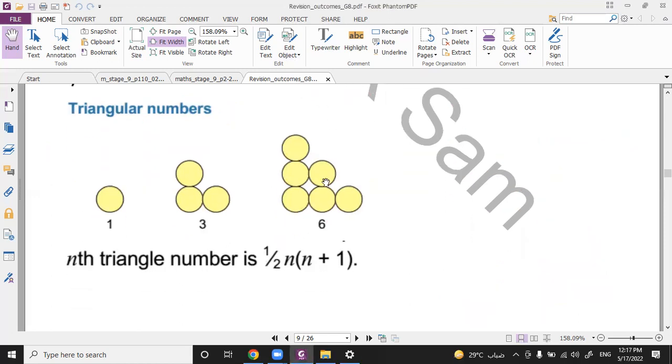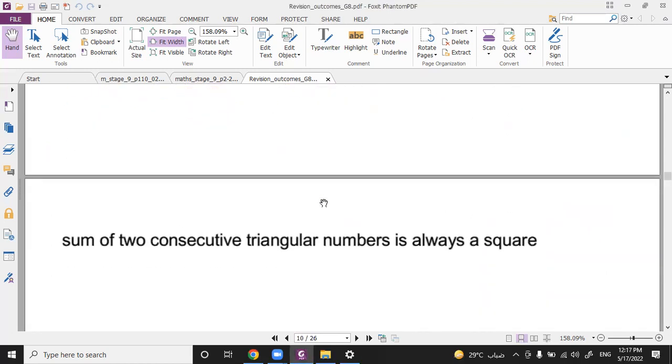Let's move to the next. You know that the sum of two consecutive triangular numbers is always a square number? You know, 1 and 3 and 6 and 10, okay, and 15.